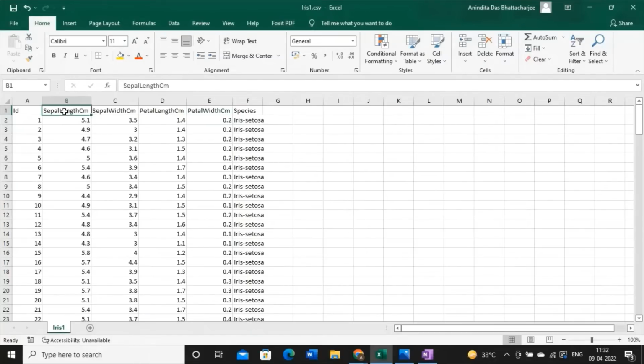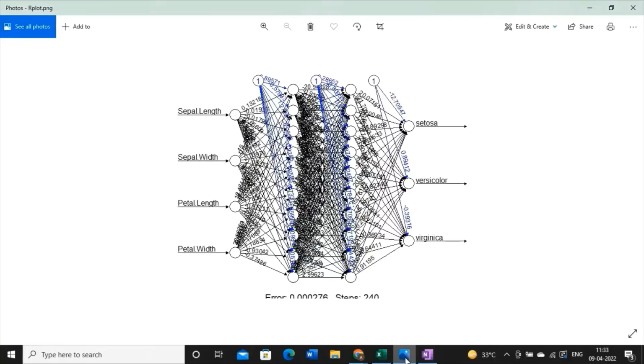So here we have four features. So we can expect that if we use some neural network in order to classify these flower types, that neural network will have four input nodes. Now, if you see this architecture, you can understand that our objective, meaning our output, is to classify these three flowers.